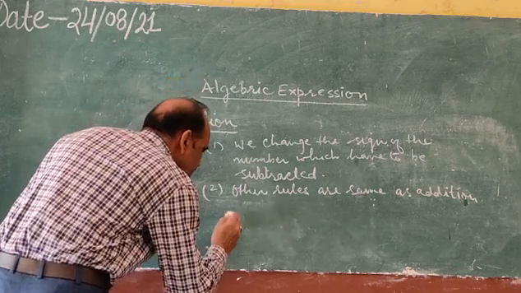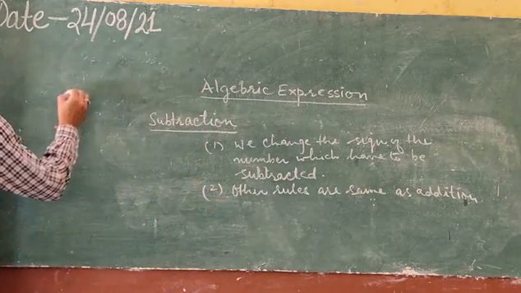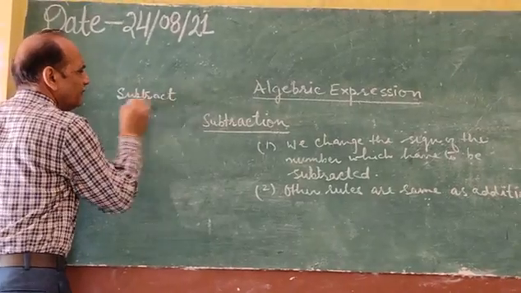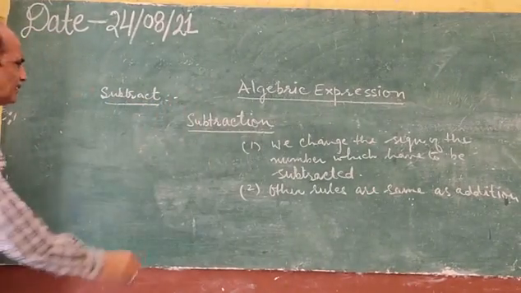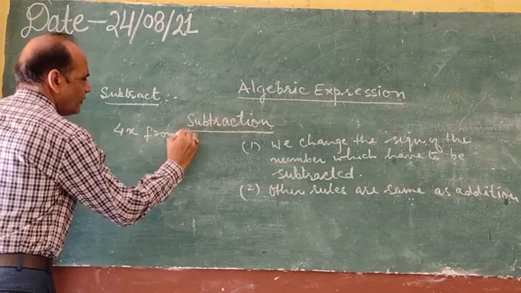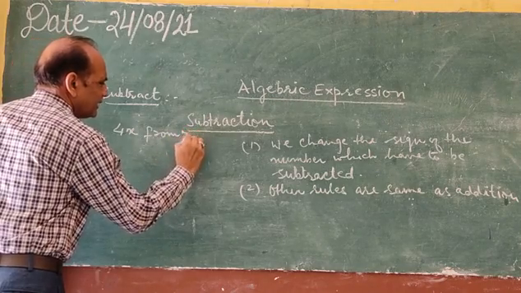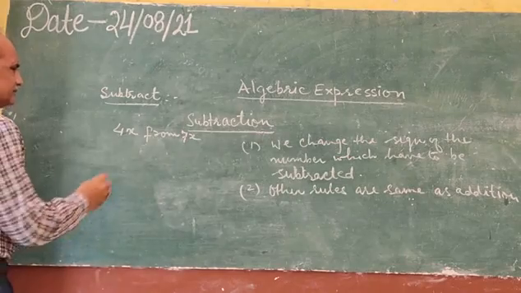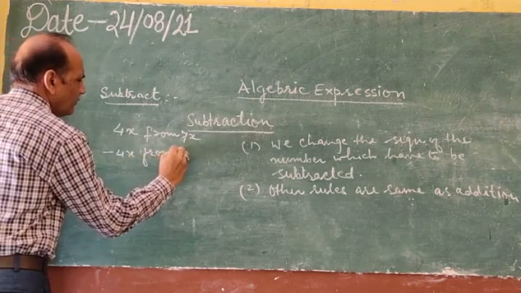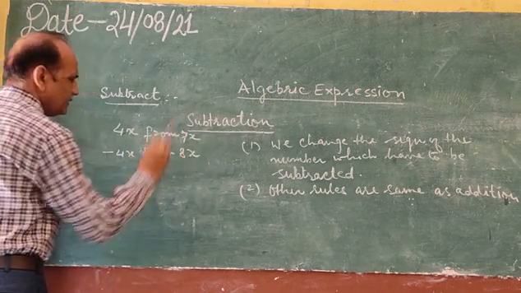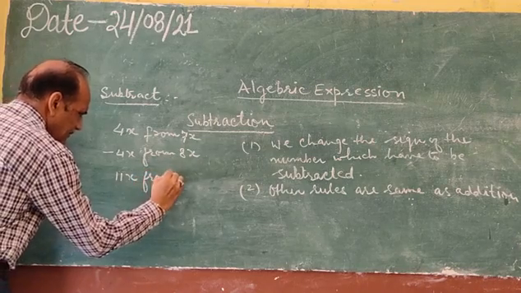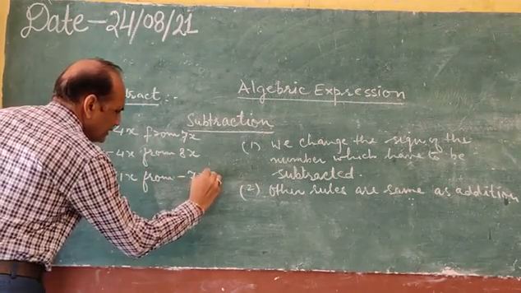Suppose that here is a question: subtract 4x from 7x, or minus 4x from 8x, or 11x from minus 7x.